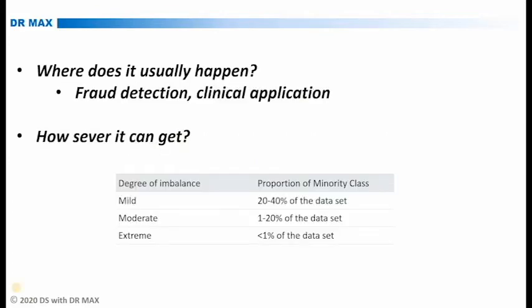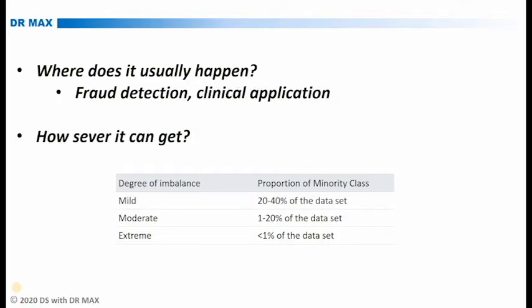At first, let's take a look at some examples where we have imbalanced datasets in real world applications. We have fraud detection and clinical applications. In fraud detection, data scientists are looking at millions of transactions and they try to predict 1% or below 1% of fraud occurrences among these transactions.